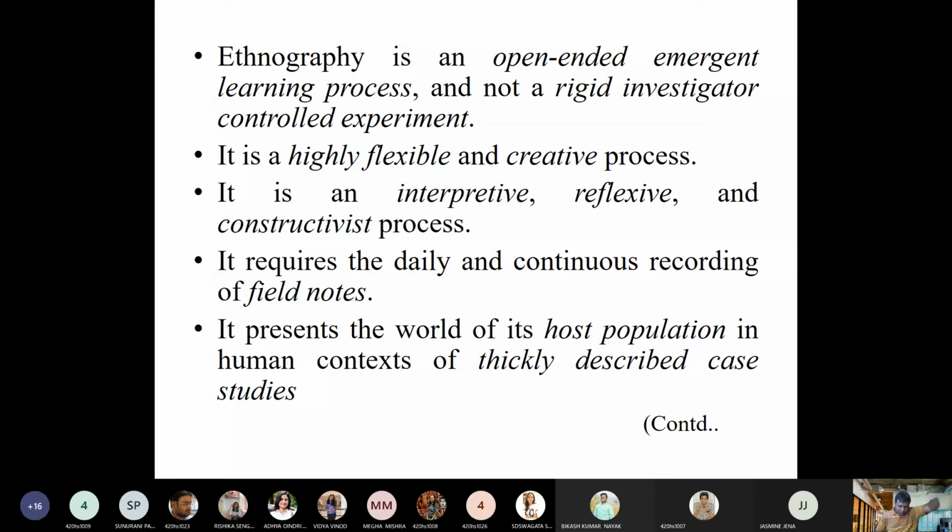You see, I'll tell you, when I did my MPhil and PhD around 20 years back, I did my fieldwork in the RF. So that was around 20 years back, but I still have those field notes.